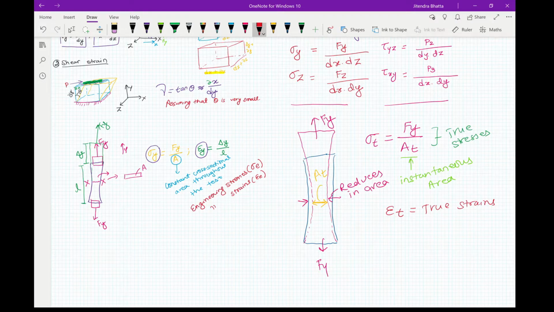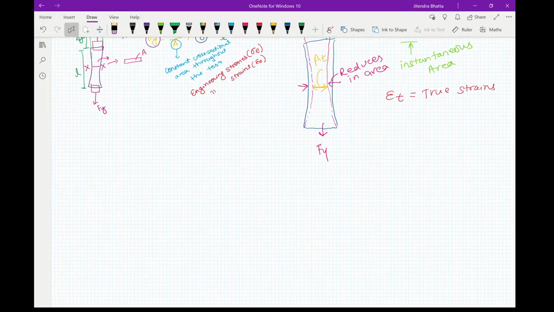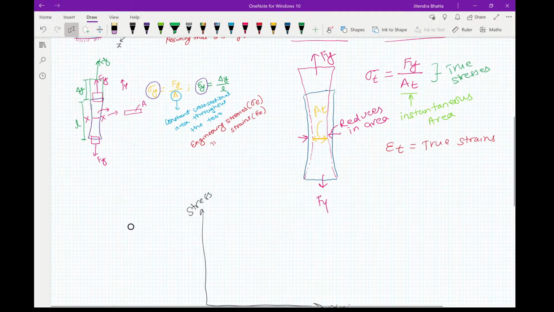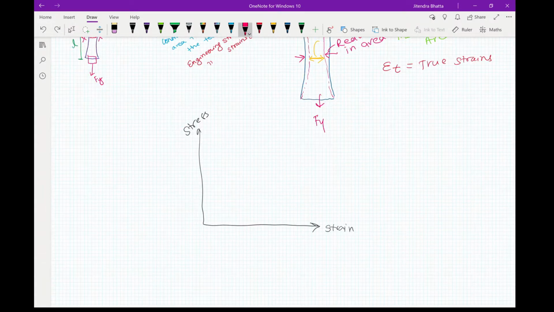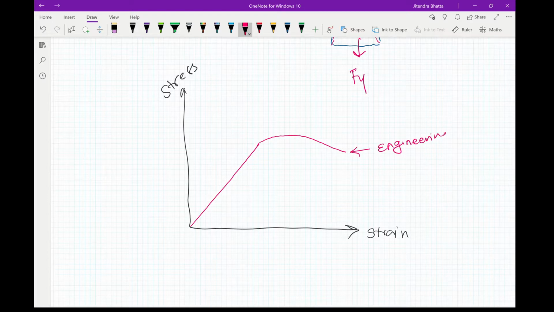Now, when you plot a stress strain curve, let's plot our engineering stress strain curve. It will look something like this for our steel. This will be our engineering stress strain curve.